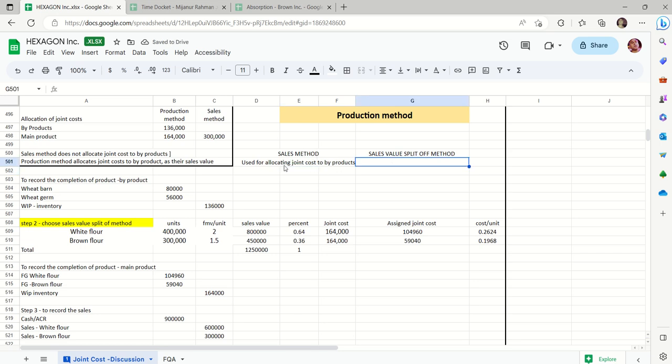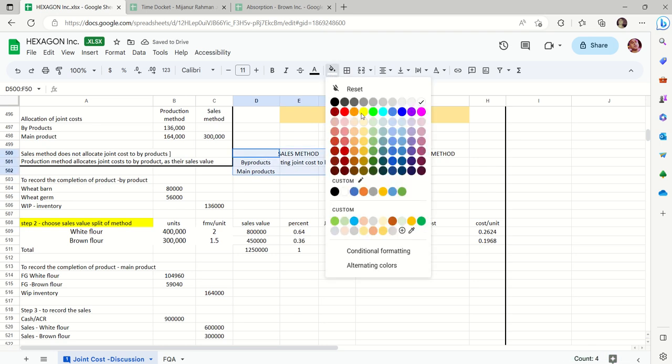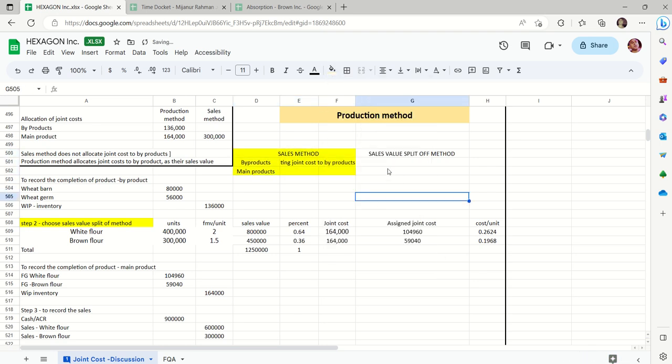So if we have byproducts and main products, then in step 1 we would use the sales method, or we could use the production method.